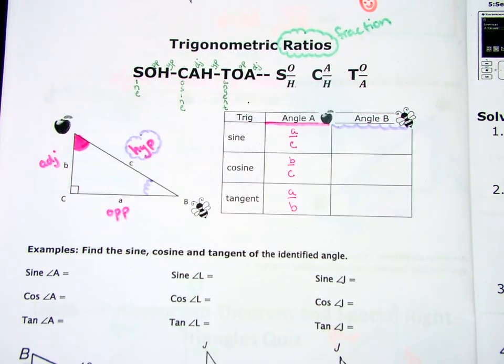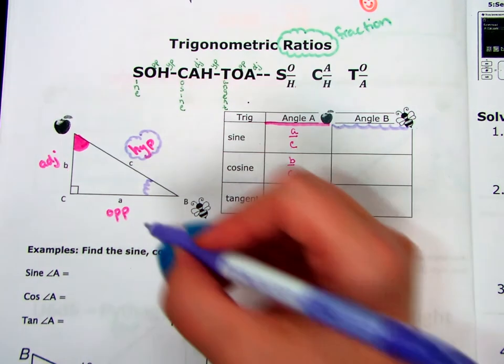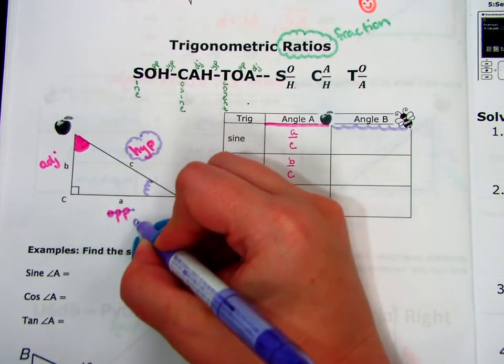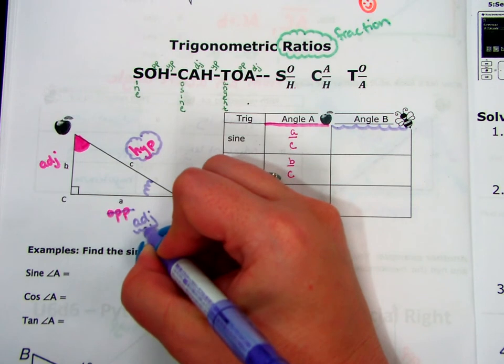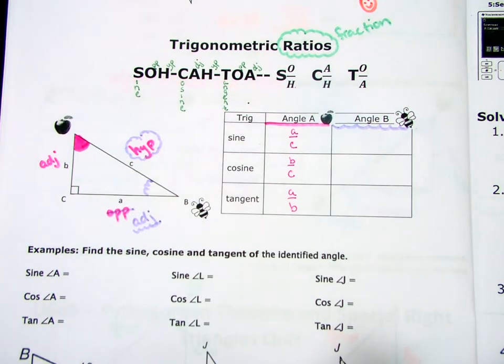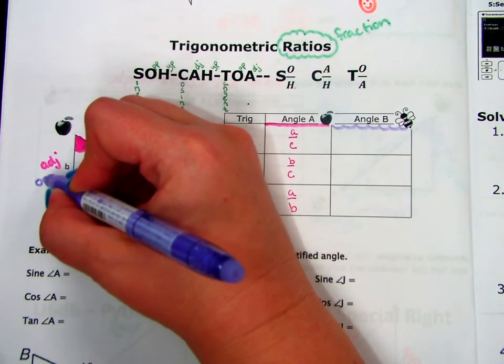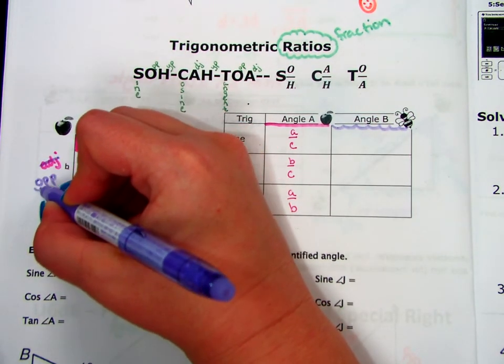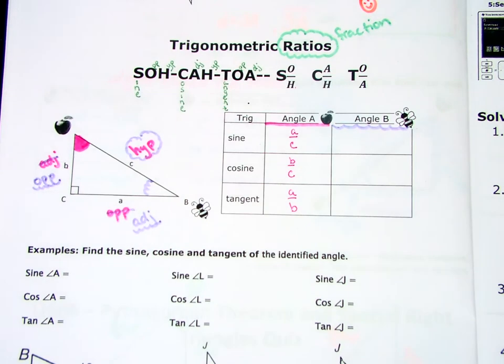It's still in the same spot. It's still C. But now where's my adjacent? Where the opposite was, now it's A, right? So now this one is adjacent. And so which one's opposite? B.